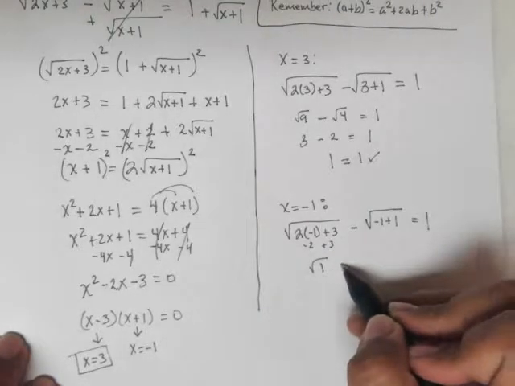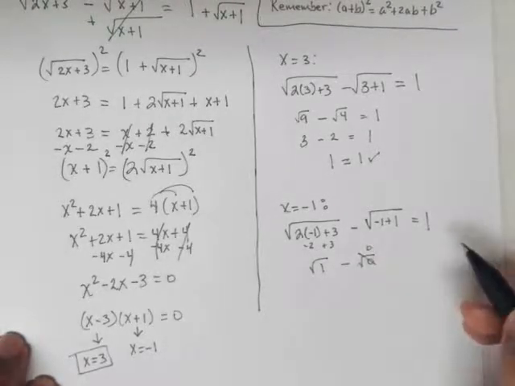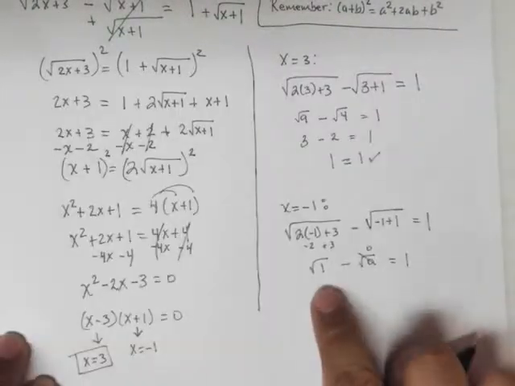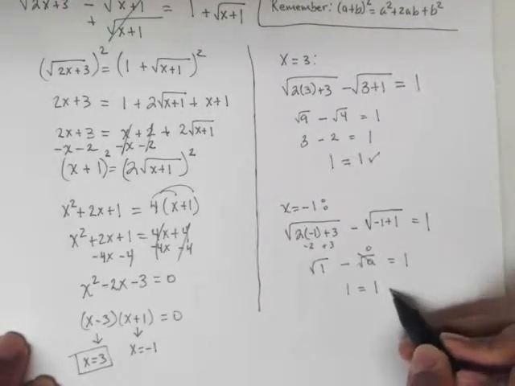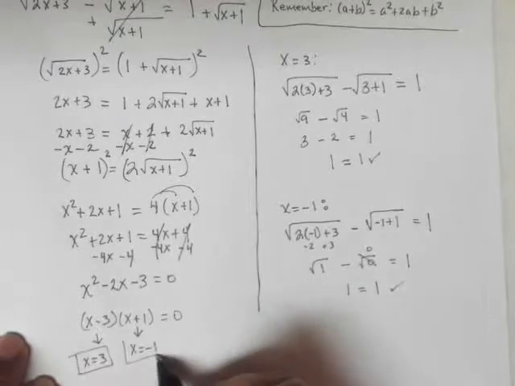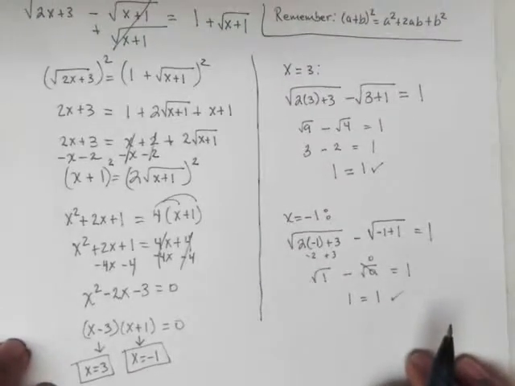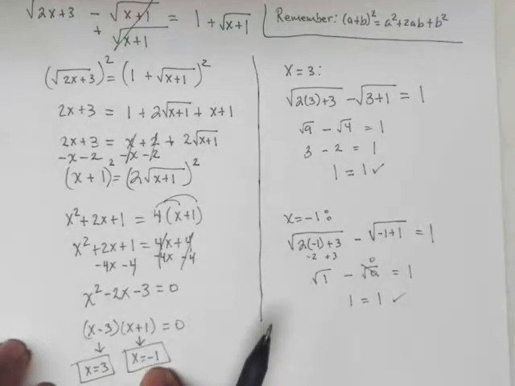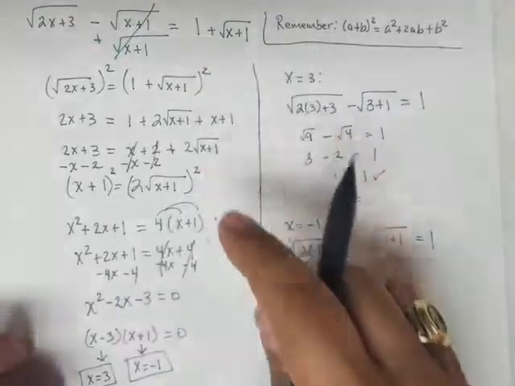So the square root of 1 minus the square root of 0, and that of course is just 0, should equal 1. And guess what? The square root of 1 is 1, so 1 equals 1. Another true statement. So we actually have two solutions for this radical equation. So x equals 3 and x equals -1 are the solutions for the original radical equation that we started with.